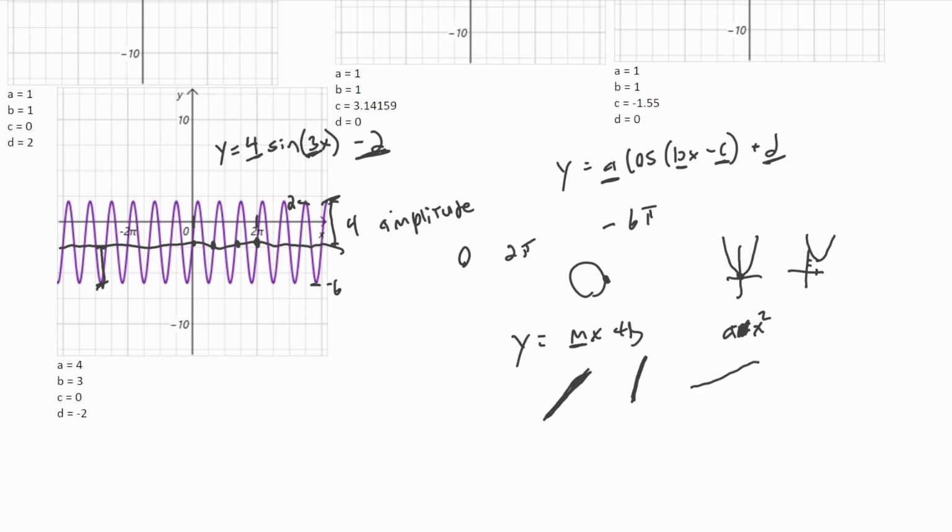If we were to have a shallower slope, that's a horizontal stretch. We're taking points that were here and we're moving them further away horizontally, but we're also moving them closer vertically.